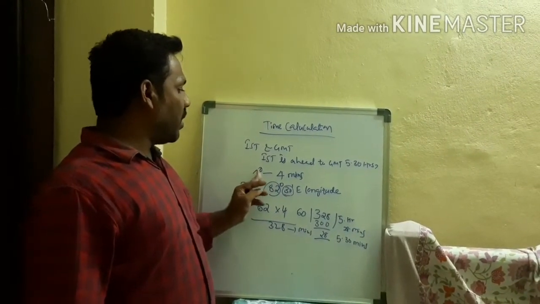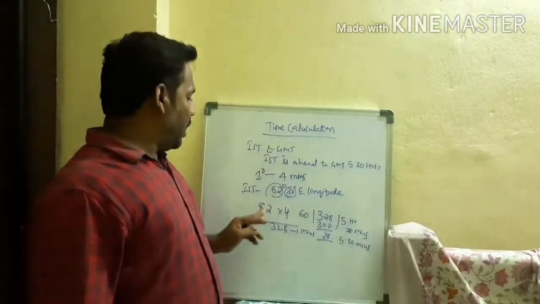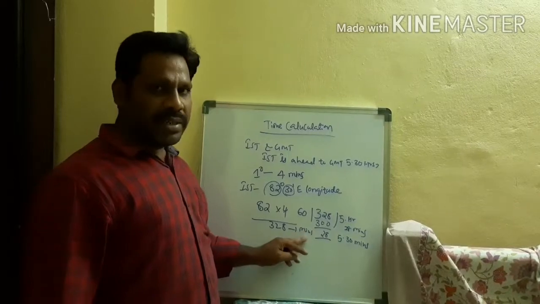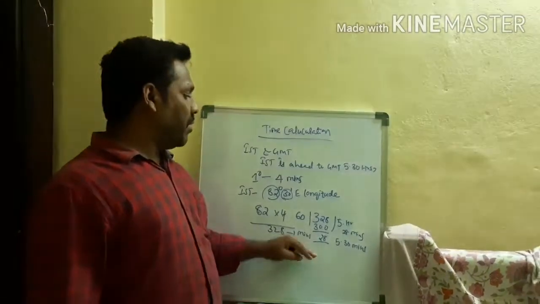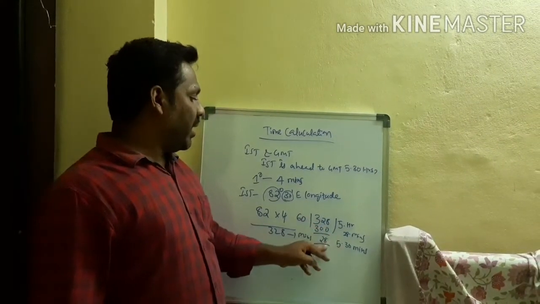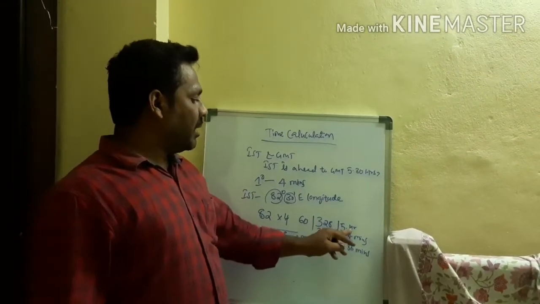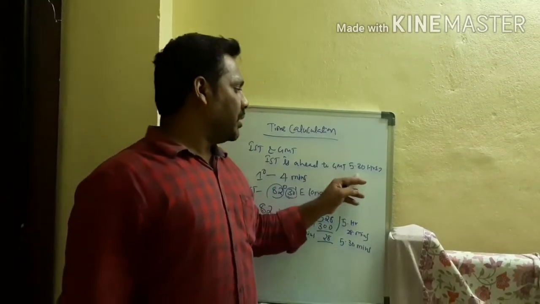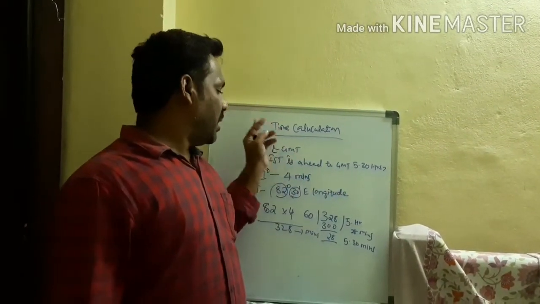Because to cross 1 degree takes 4 minutes here. 82 into 4, how much do we get? 328. Now this answer is in minutes. The minutes have to be converted into hours. 60 into 5 is 300, and the remainder will be the minutes, and this will become the part of hours. So IST is ahead of the GMT. We have to calculate the time in this manner.